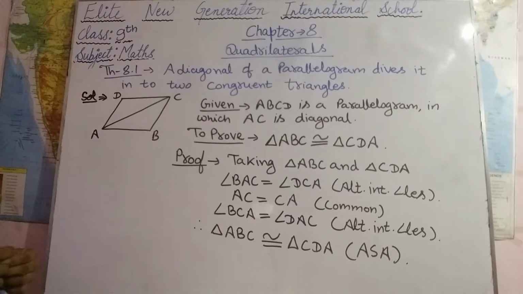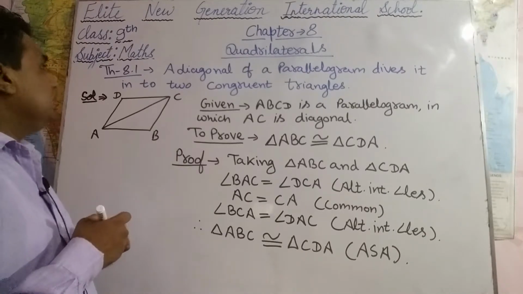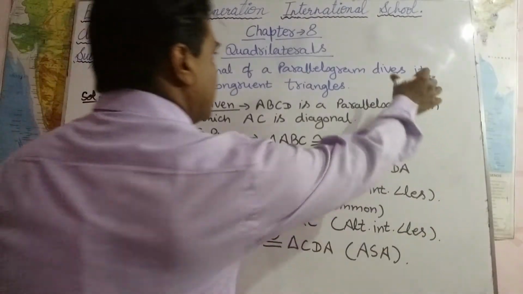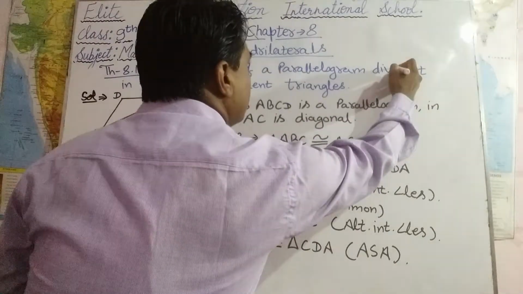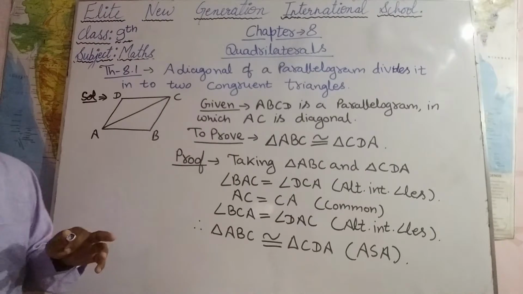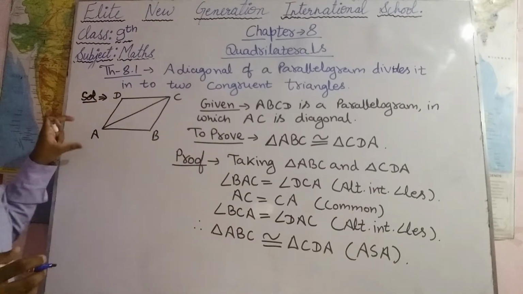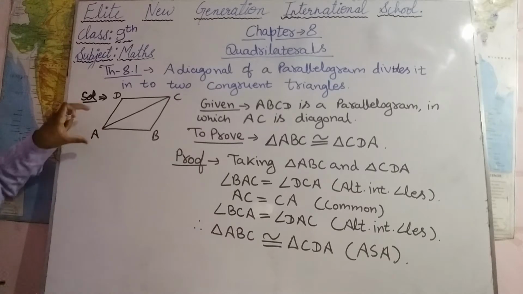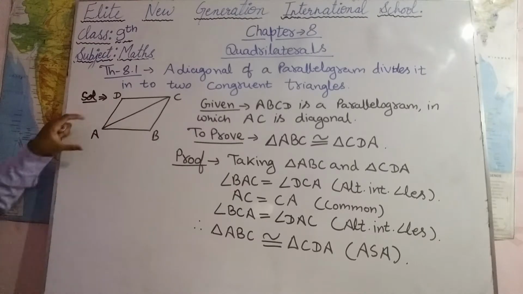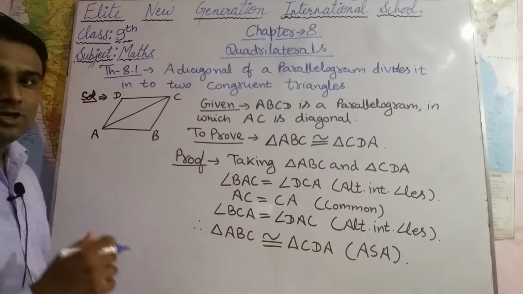In theorem 8.1, a diagonal of a parallelogram divides it into 2 congruent triangles. Here we have a parallelogram ABCD, and AC is a diagonal.